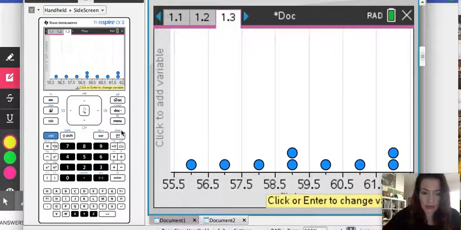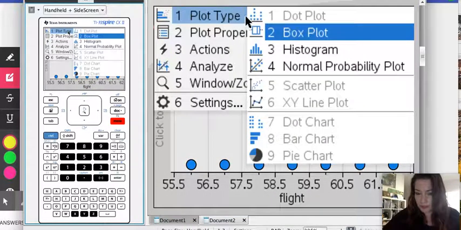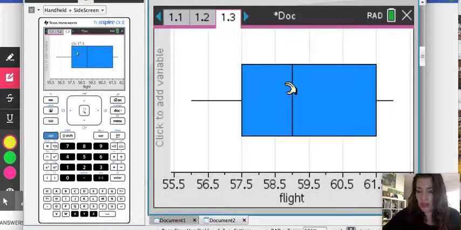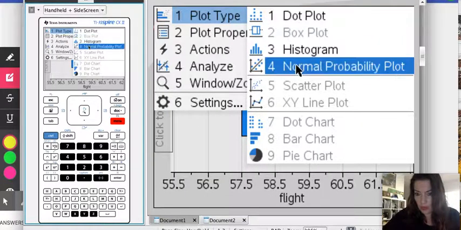Now I'm going to go to plot type. You can choose a box plot, a histogram, or a normal probability plot. If you look at a box plot, you can see that there are no apparent outliers. The best display would be a normal probability plot.